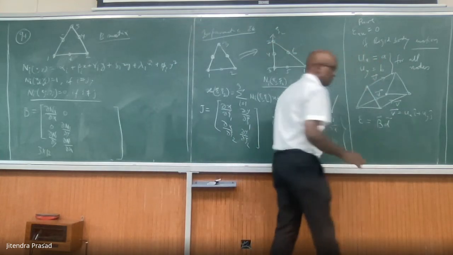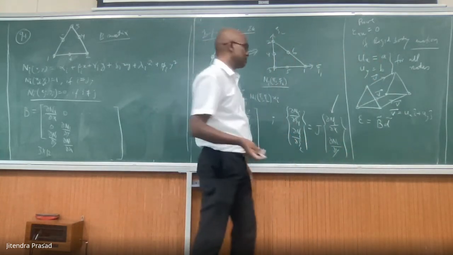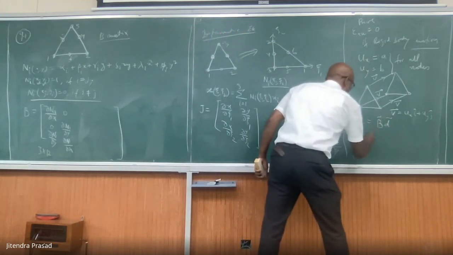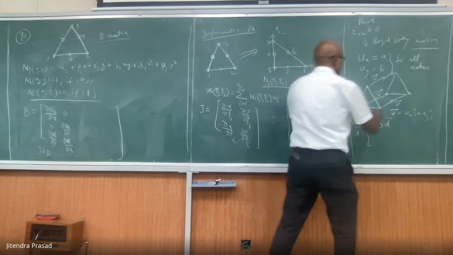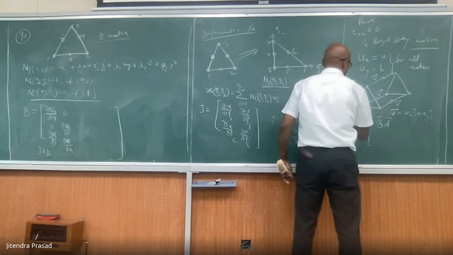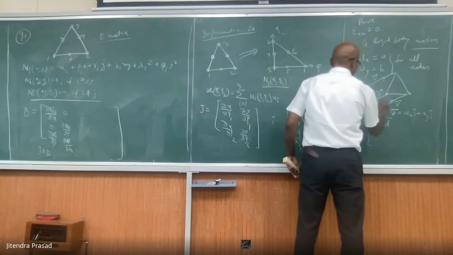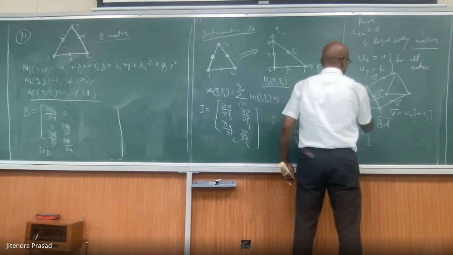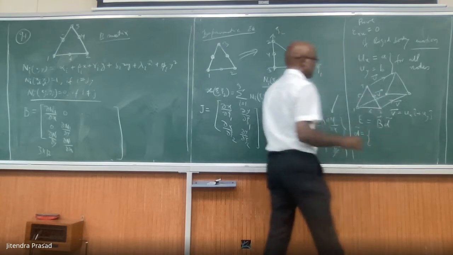You remember? Right? So D is equal to what? Let us say in this case, you have 6 nodes, right? So you have 1, 2, 3, then you have number 4 here, number 5, number 6, and so on.